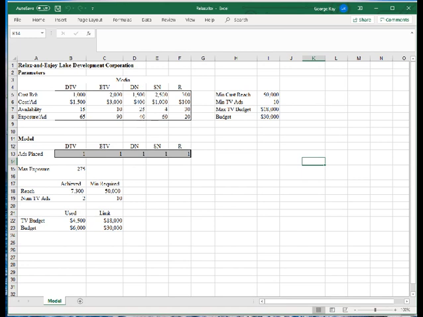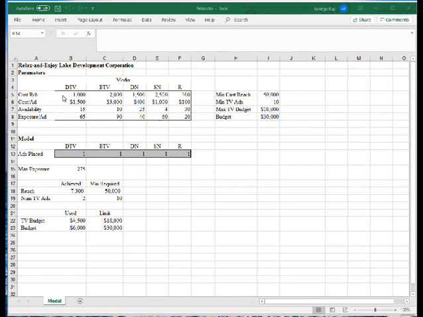And they've contracted an advertising firm to design the promotional campaign for them. So here we see the various types of media: daytime TV, evening TV, daily news, Sunday news, and radio.